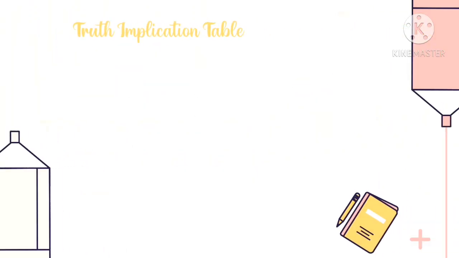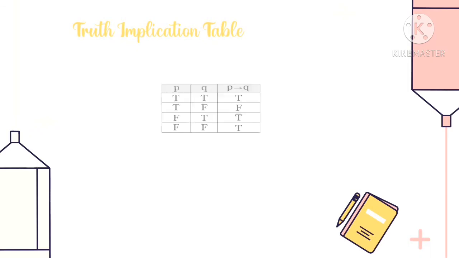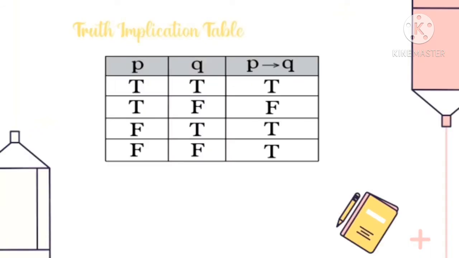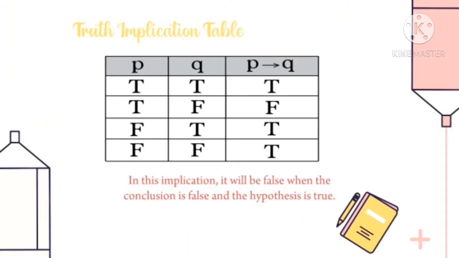Next, implication truth table. You can see this table. In this implication, P then Q, P is called the hypothesis and Q is the conclusion. This implication will be false when the hypothesis is true and the conclusion is false.